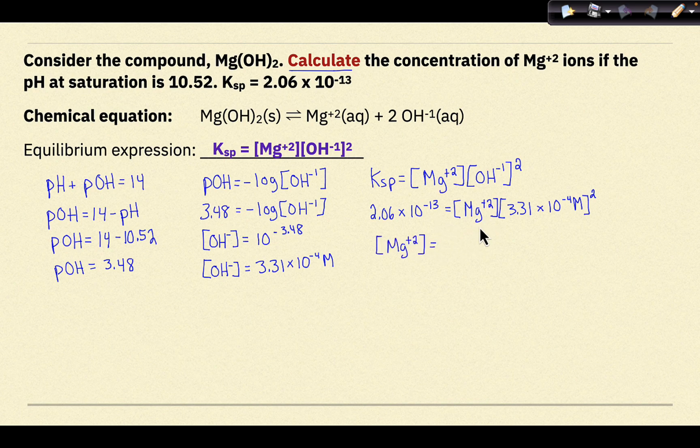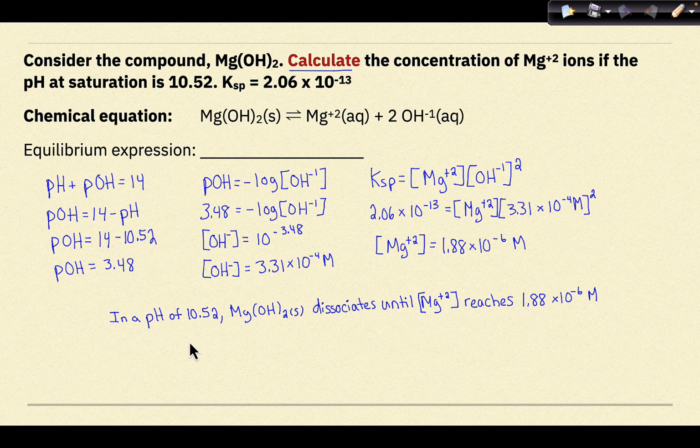When we do our calculations here, our answer is 1.88 times 10 to the negative 6 molarity. So to summarize, in a pH of 10.52, the magnesium hydroxide solid will dissociate until the magnesium ion concentration reaches a concentration of 1.88 times 10 to the negative 6.